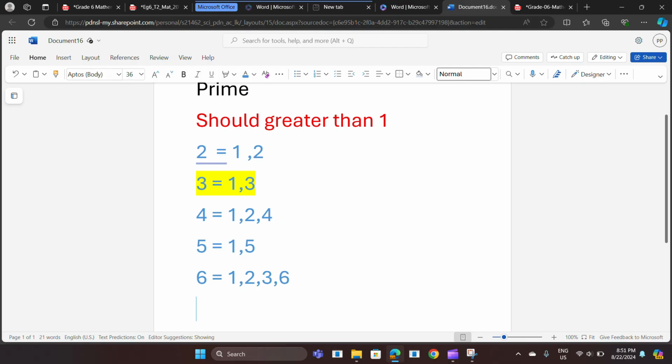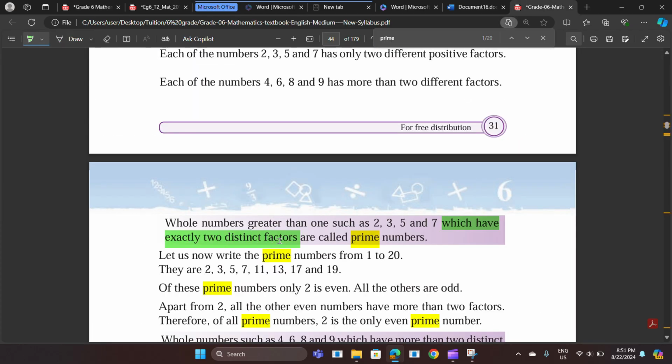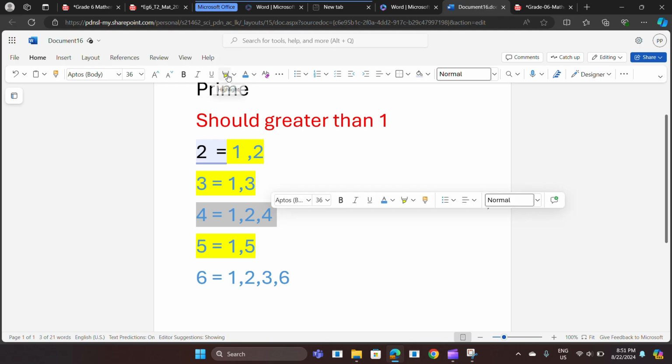Numbers that have exactly two distinct factors are called primes. So these are primes. Look at these. They have more than two factors.